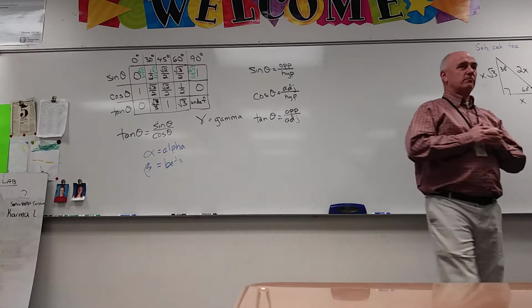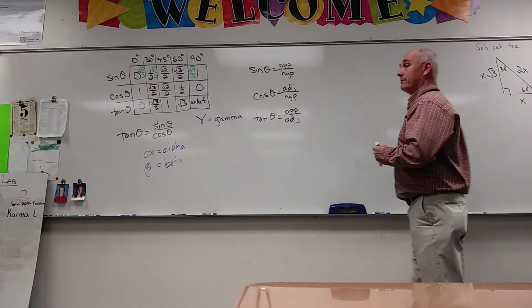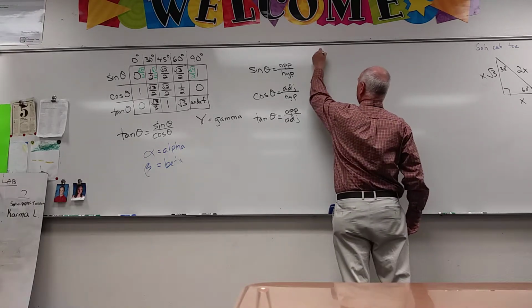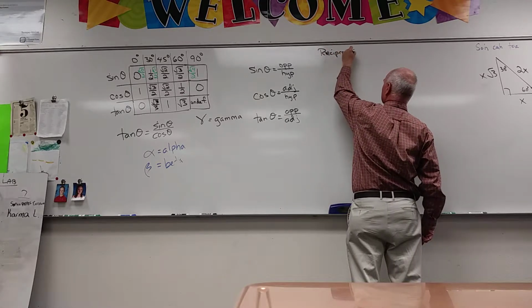You want the bad news? There are not 3 trig functions. There are 6 trig functions. There have always been 6 trig functions. I am not inventing anything new today. The other 3 are called the reciprocal functions.